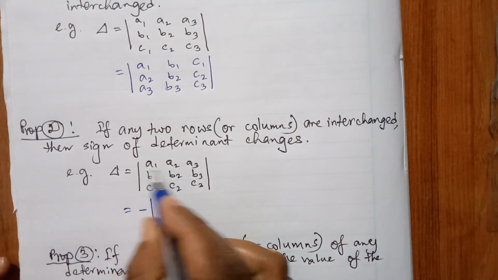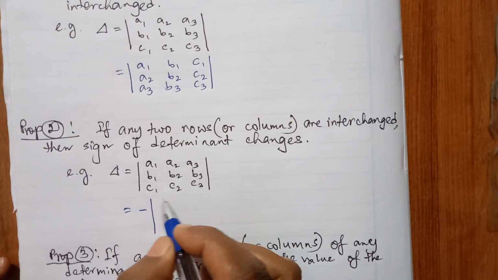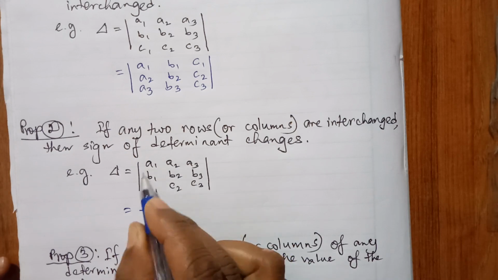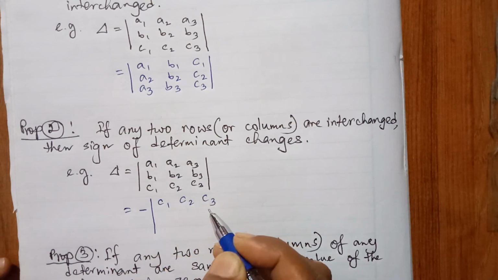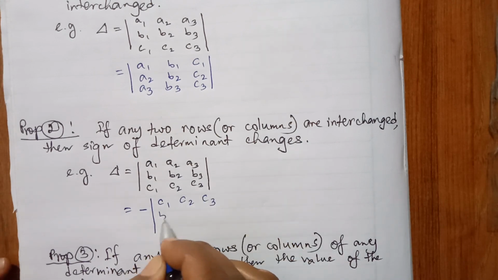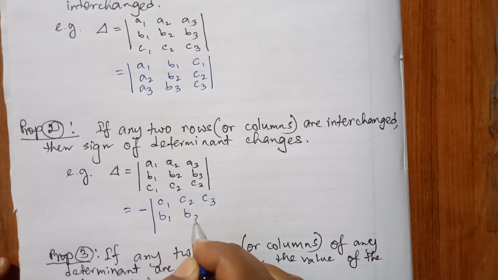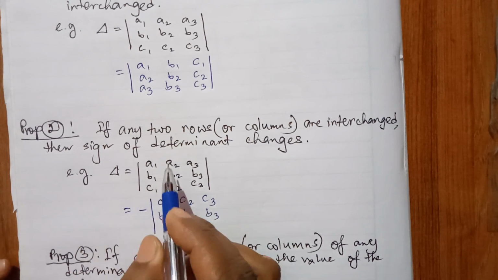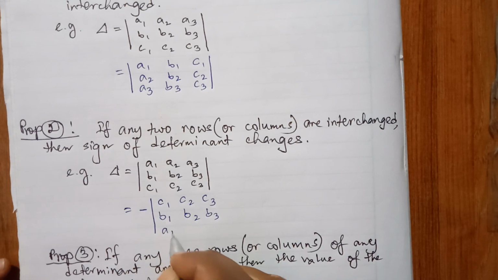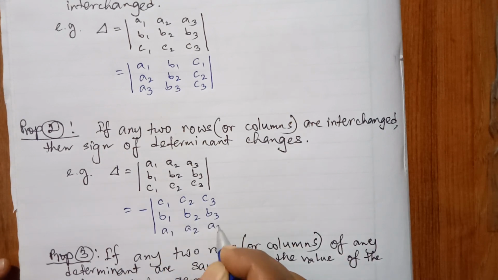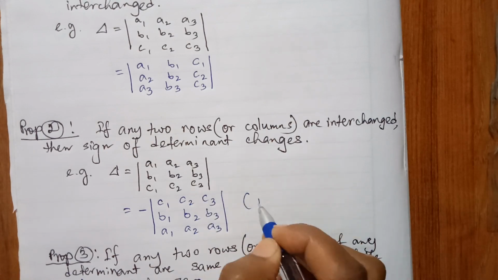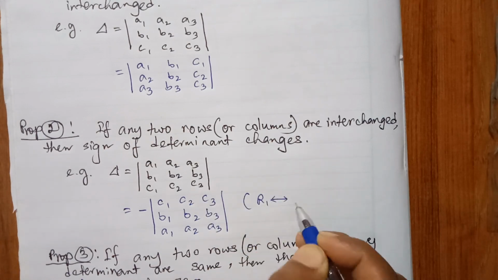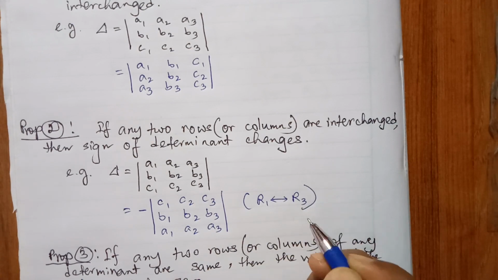So row 3 is coming in place of row 1, C1, C2, C3, and row 2 will remain as it is, and row 1 will go to row 3. Here what property have I used? Row 1 interchanging with row 3.